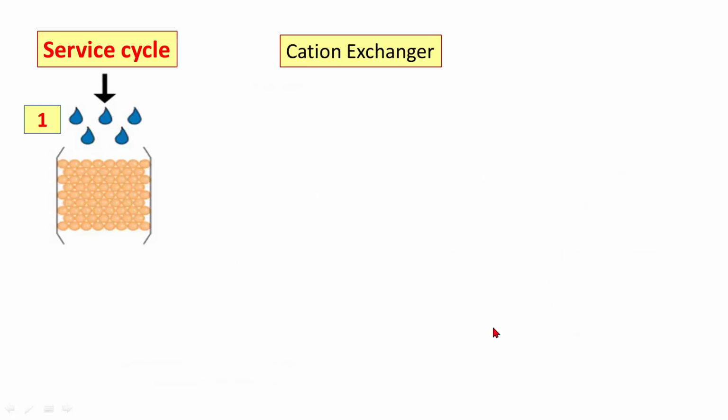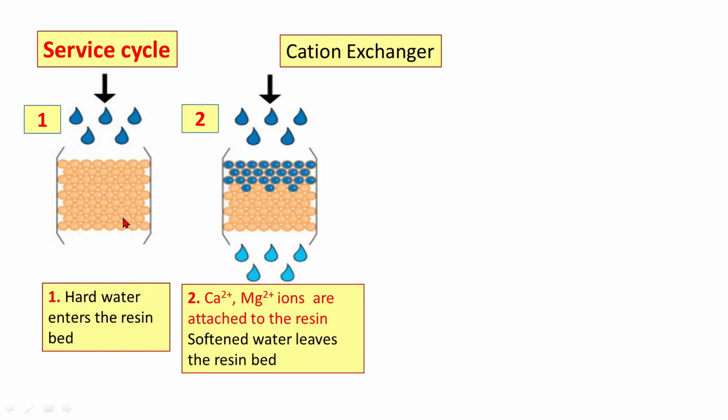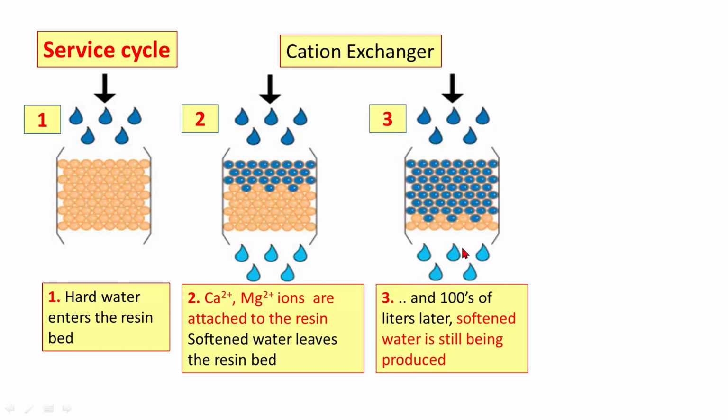We will try to understand the service cycle of cation exchanger. The hard water enters the resin bed. Calcium and magnesium ions are attached to the resin and softened water leaves the resin bed, and liters and liters of water is softened, and the softened water is still being produced.